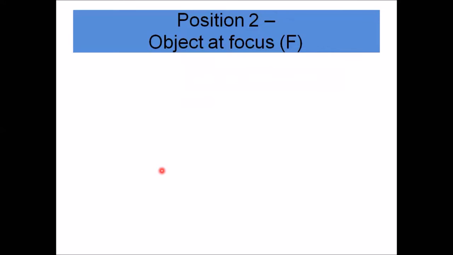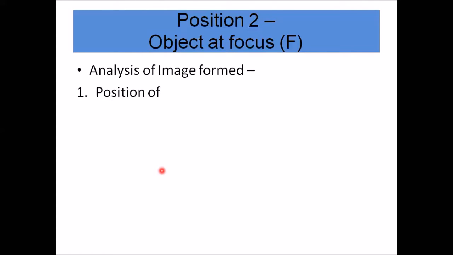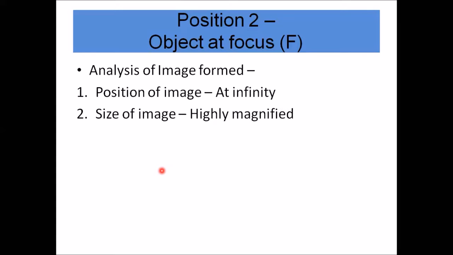So what will happen? Analysis of the image formed. We can analyze from here that the position of the image will be at infinity. Second, how will be the size of the image? As these two reflected rays of light will intersect at infinity, that will make the size of the image very big, highly magnified.